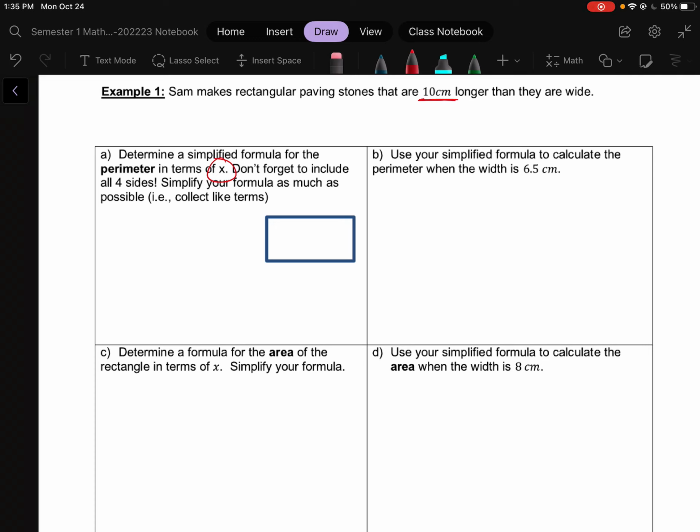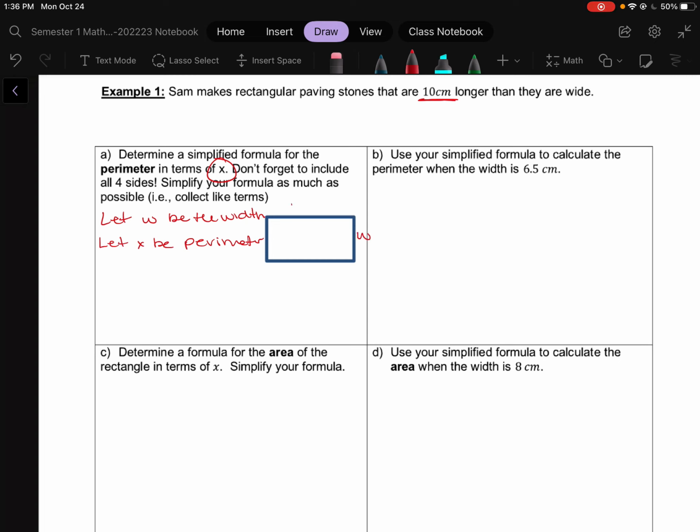So it says it is 10 centimeters longer than they are wide. So we're going to say let W be the width. And then we're going to say let X be the perimeter. Okay, so they said the one side, which is the longest side, is 10 centimeters longer than it is wide.